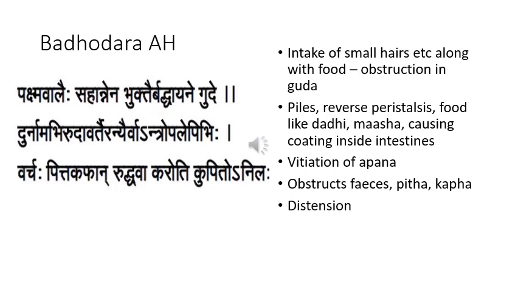So all these cause obstruction in the intestine, vitiation of Apanavayu, and obstruction of Varcha, Pitta and Kapha, that is, obstruction of feces, Pitta and Kapha, leading to distension of the abdomen by vitiation of Apanavayu.